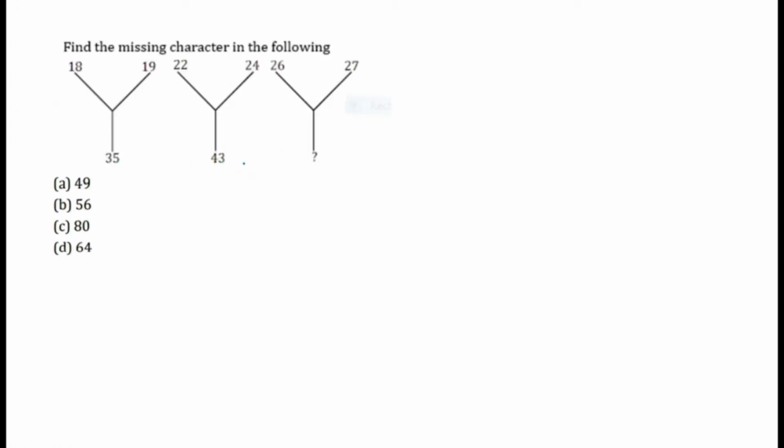The next one: find the missing character in the following. You just identify the missing number. Now see, guys, for this one, 18 plus 19 is 37, minus 2 is equal to 35. In this one, 22 plus 24 is 46, minus 3 is equal to 40. Now it's a series approach.